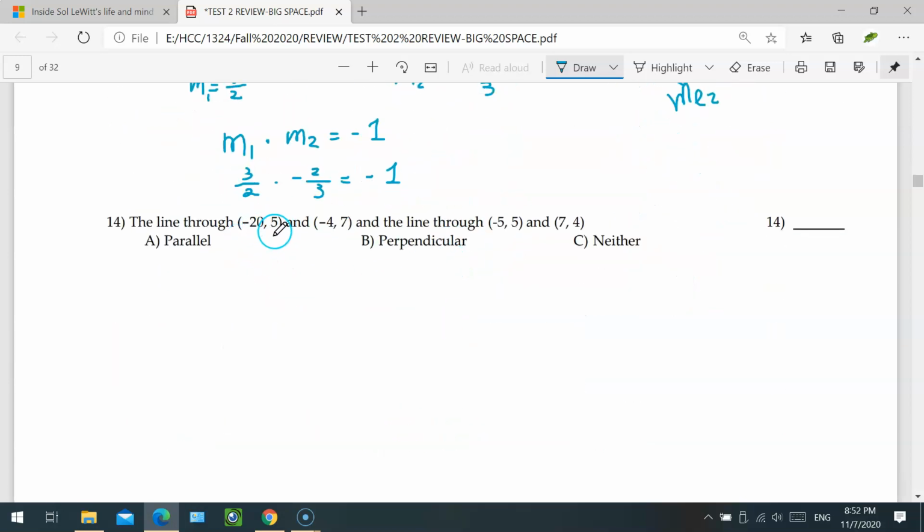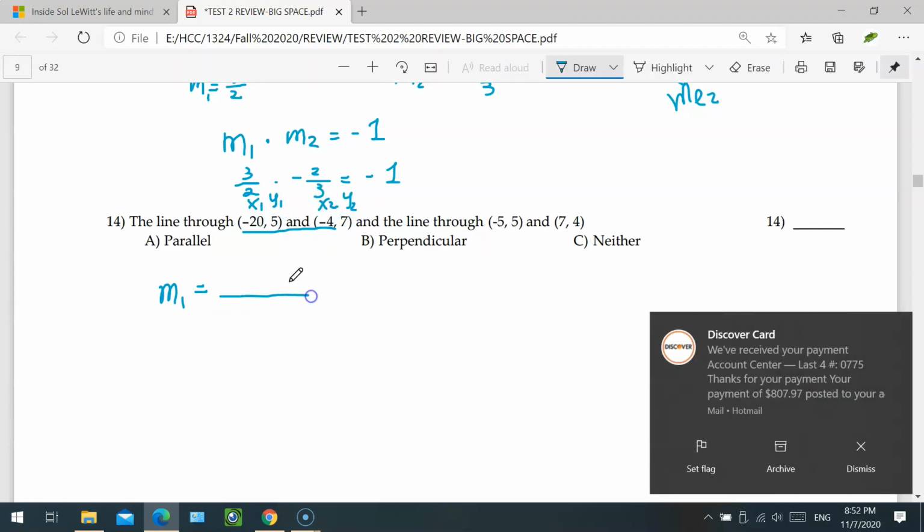One line passes through these 2 points, and the other line passes through these 2 points. Now we have to determine whether they are parallel, perpendicular, or neither. So we use the formula to find the slope of these 2 points. Finding the slope of the first line, let me label this x1, y1, x2, y2.